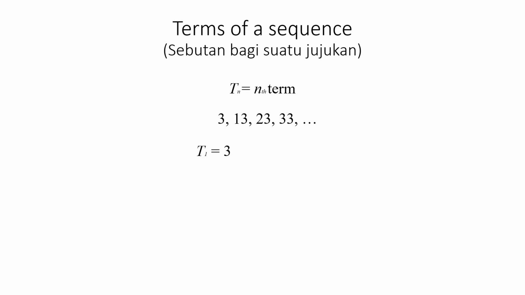The second term, T2, is 13, and the third term is 23, and the fourth term is 33. This is just to let you know that n is the position of the term inside a sequence. So the first term, second term, third term, fourth term, fifth term, and so on.